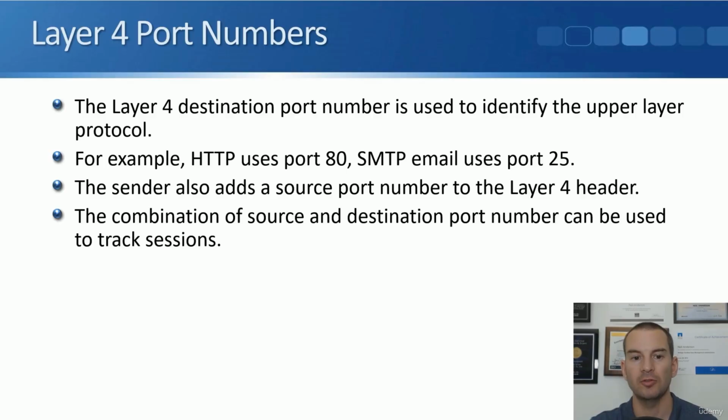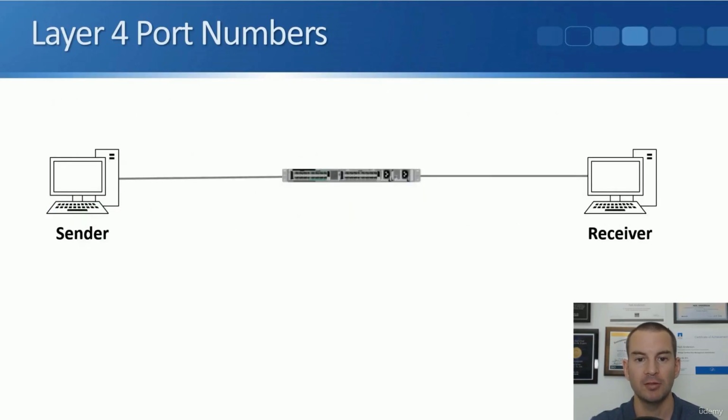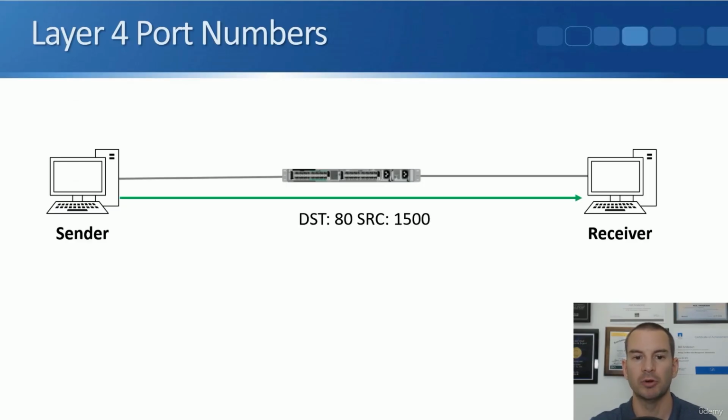The sender also adds a source port number to the layer 4 header as well. The combination of source and destination port number can be used to track sessions. So let's see how that works. Here we've just got 1 sender on the left, the receiver on the right, and we're sending web traffic again. The sender sends it with a destination port of port 80, the standard port for web traffic, and it will use a random source port number above 1024.